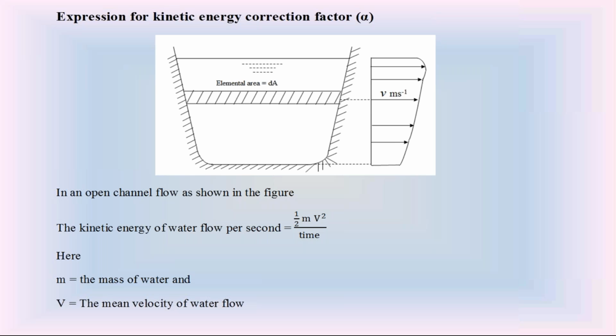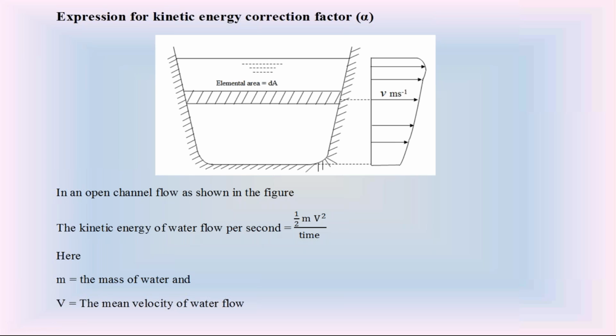Since we include per second, it is the kinetic energy divided by time. So half mv square divided by time is the kinetic energy of flowing water per second.